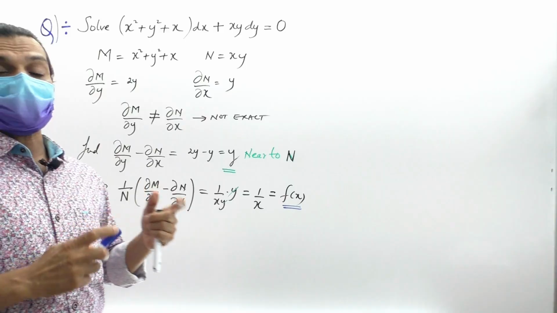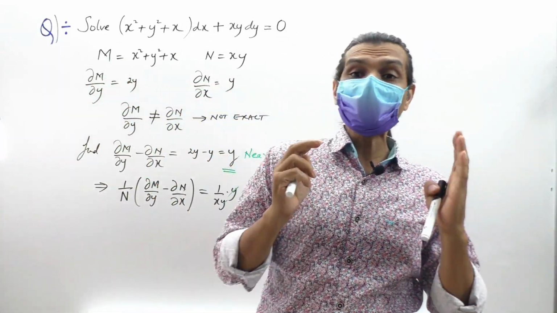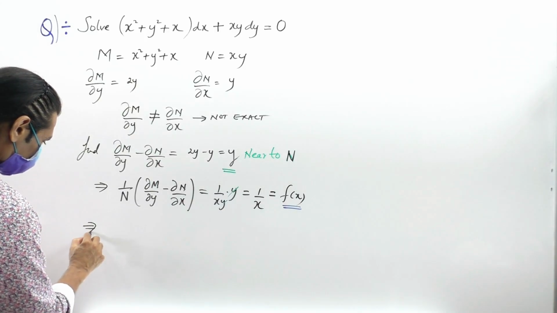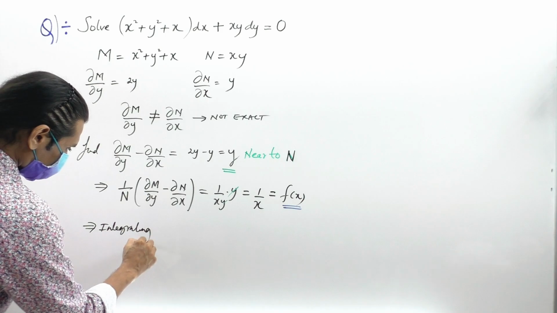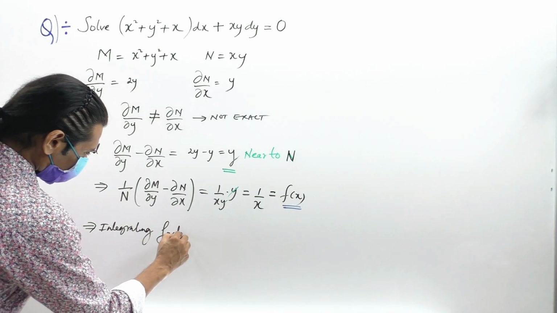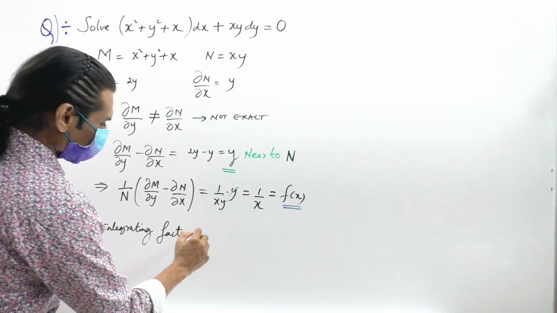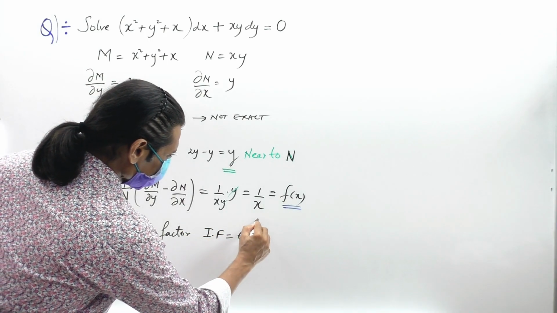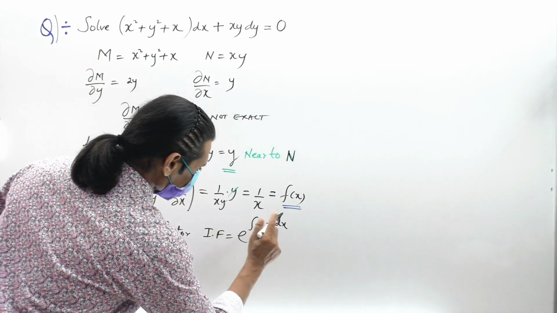After finding f of x, we find a very important term to continue this question called the integrating factor. So, the integrating factor, IF, equals e raised to integration of f of x dx.